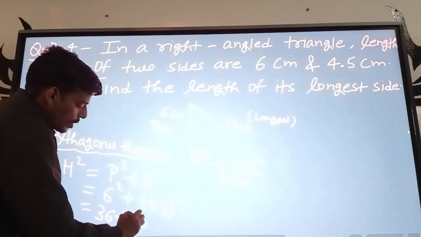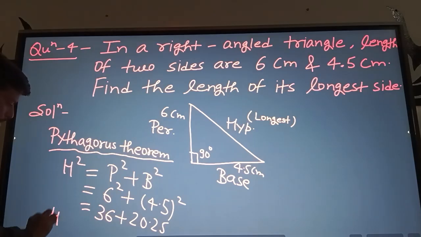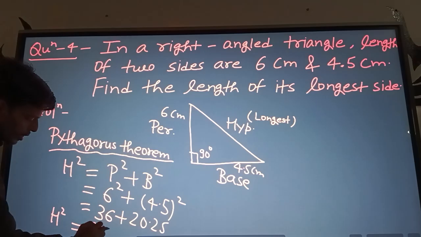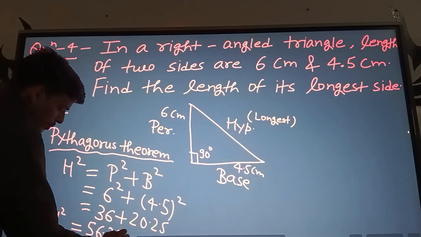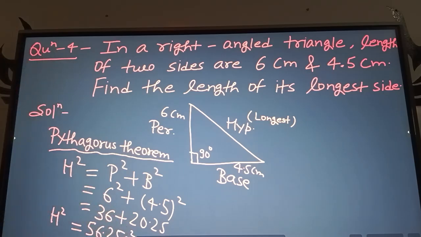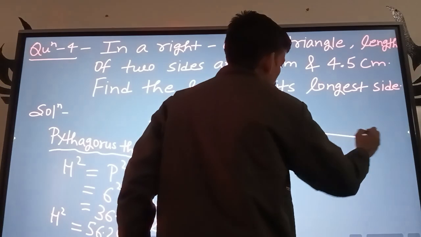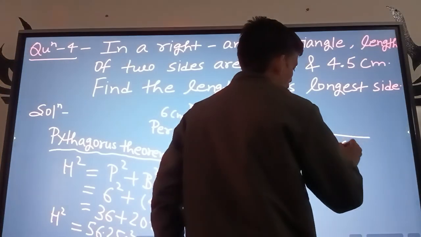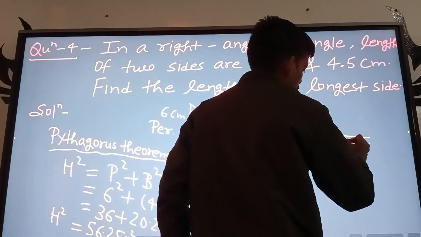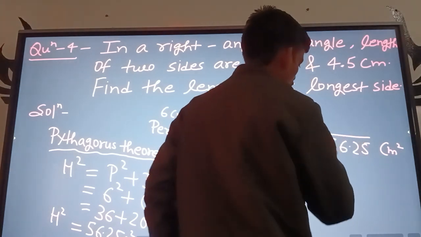4.5 squared is equal to 20.25. Now h squared equals 36 plus 20.25, which is 56.25 centimeter squared. It is the value of the hypotenuse squared. So for the hypotenuse we take the square root of 56.25 centimeter squared.